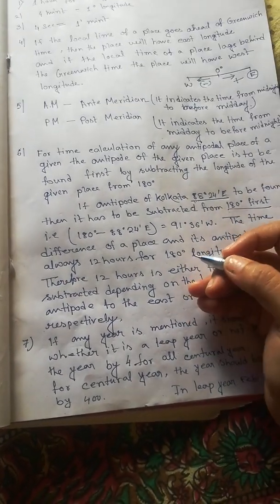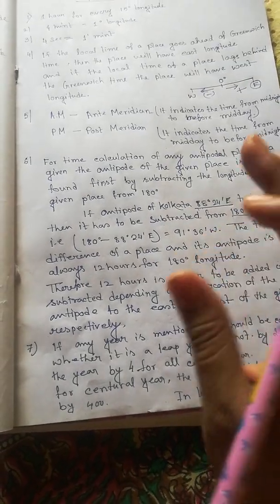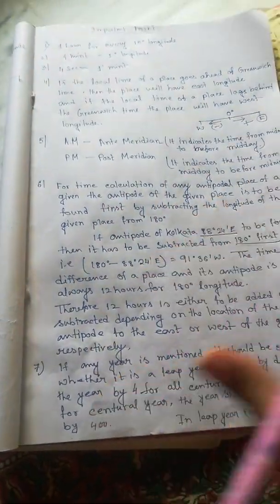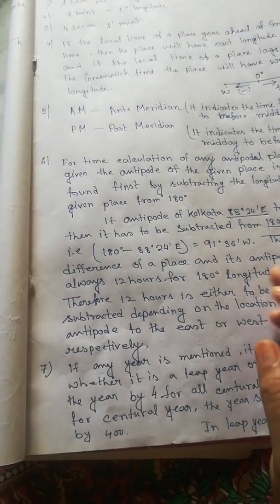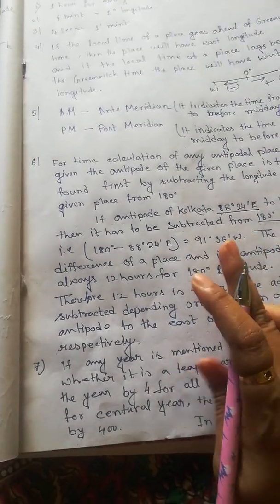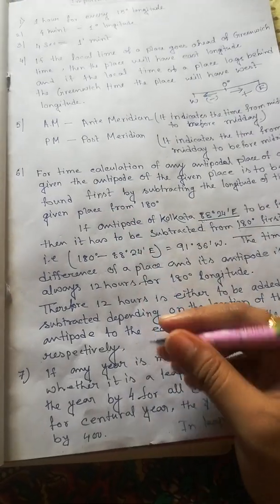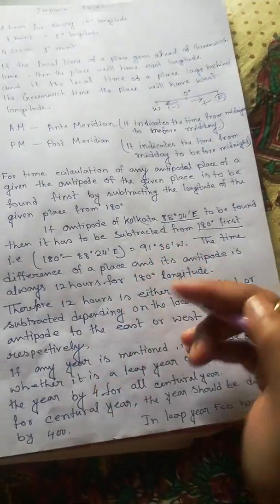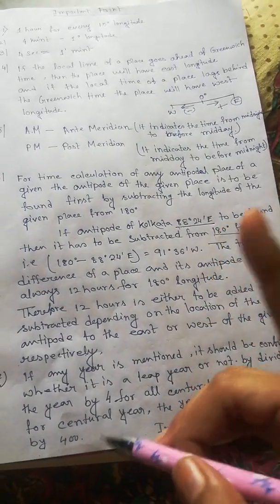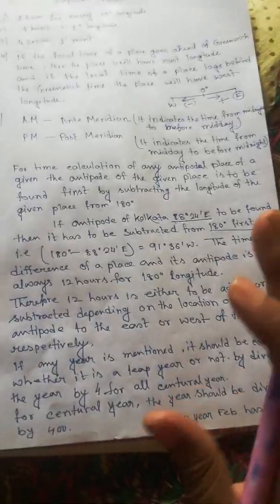For example, 2002 is not a leap year and is a non-centurial year, so you have to divide it by 4. 2000 is a centurial year, so you have to divide it by 400. And always remember, in a leap year the month of February has 29 days.